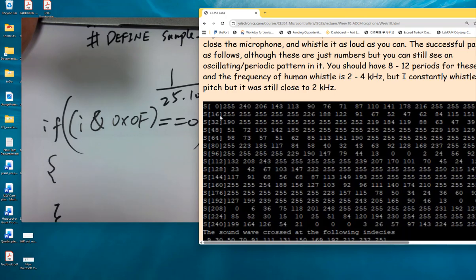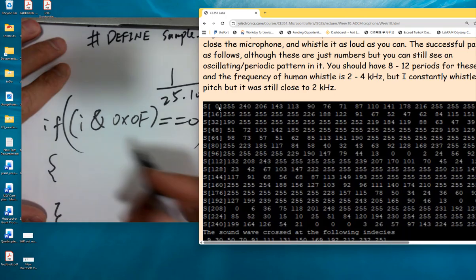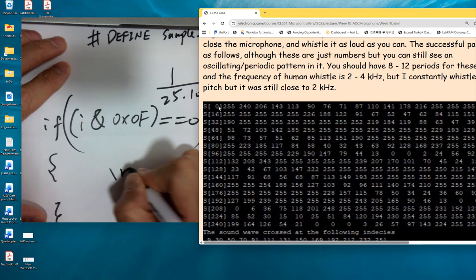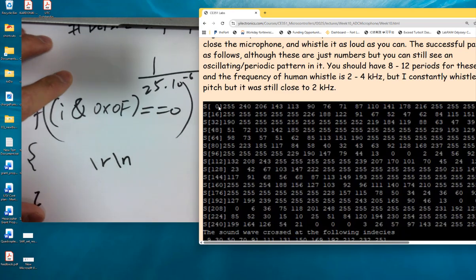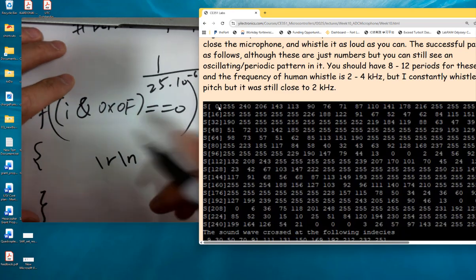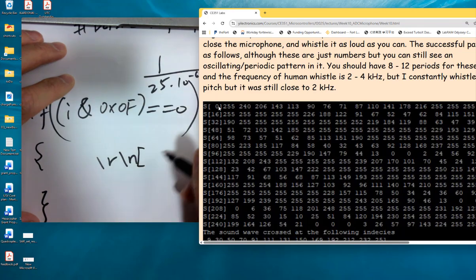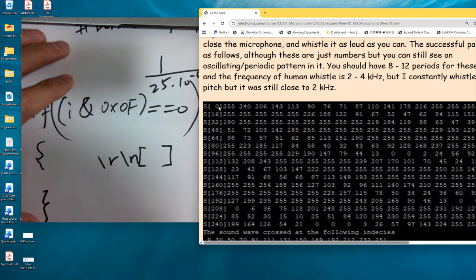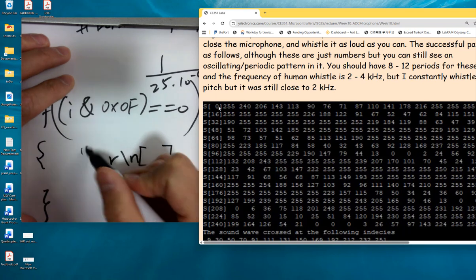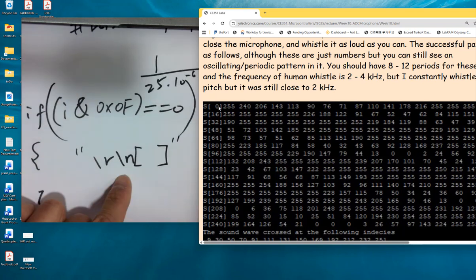So whenever to change the line, you can use this and place it in front of the ones you want to print out, that's the number in the bracket. It's going to be like this. So you want to change the line first.